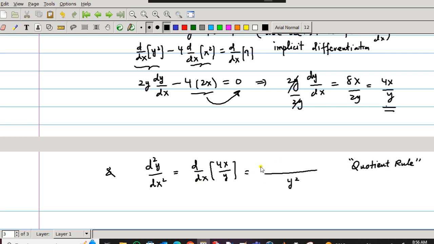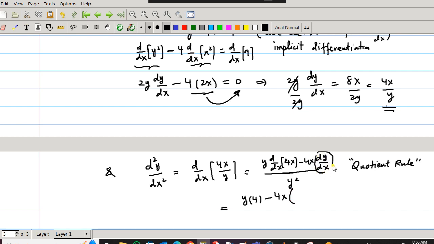So y square in the denominator; y as it is times the derivative of 4x, and minus 4x as it is times the derivative of y, which is y into 4 minus 4x into dy by dx.